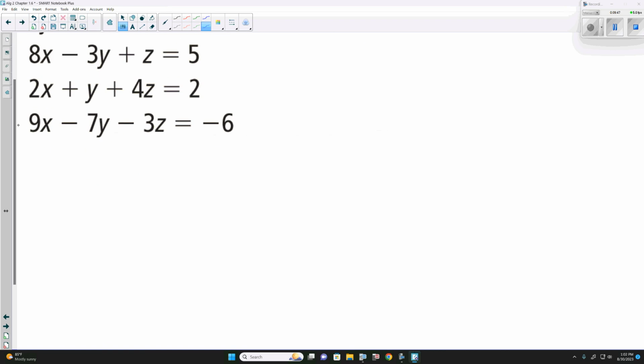Let's look at the next one. Do we need to adjust any of these equations? So what would our first one be? 1, 5. Our next one.